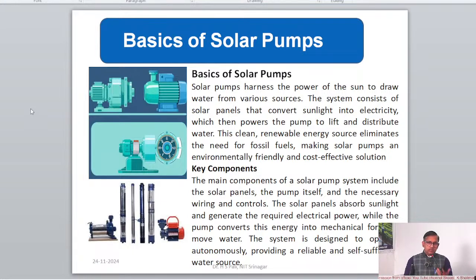After 20-30 years, fossil fuel will be very costly, or not available on the earth. Day by day, fossil fuel, meaning diesel or crude oil, is depleting, and after 30 or 40 years it will be depleted. So one area where you can use a sustainable source of energy is solar energy.